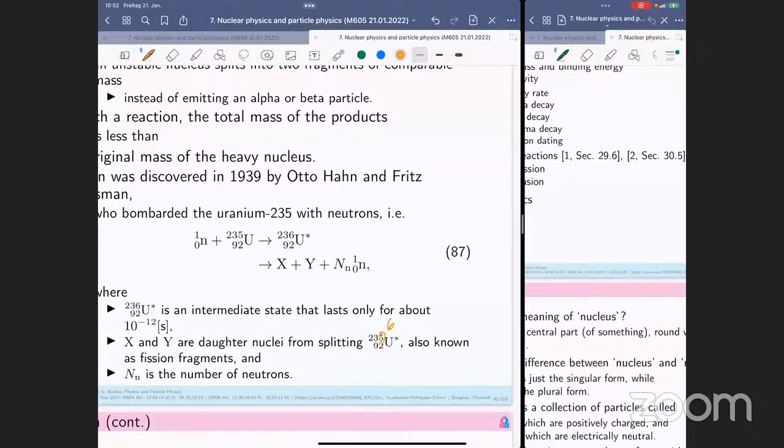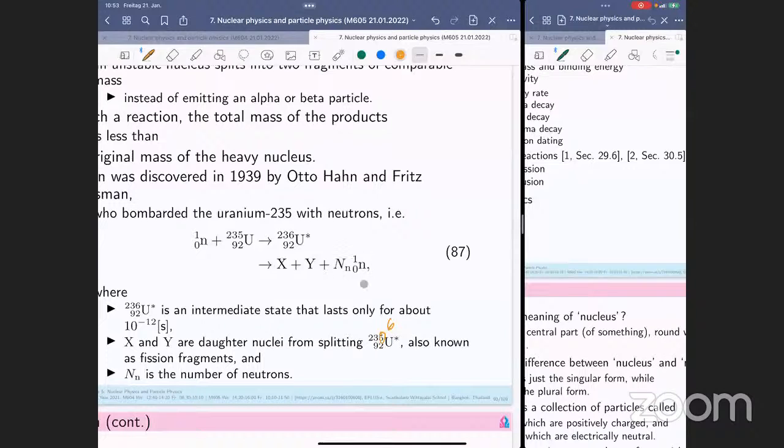X and Y are the daughter nuclei splitting from 236, and they are known as fission fragments. Please note that I didn't write down the mass number and the atomic number here for both X and Y, because X and Y could be many combinations.